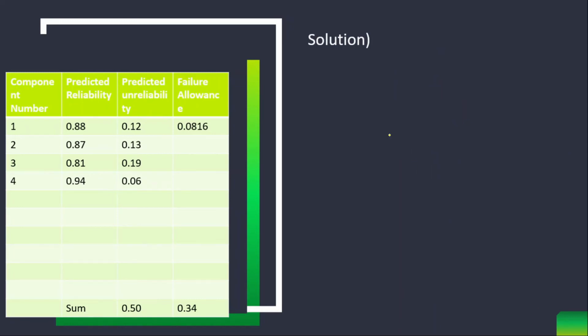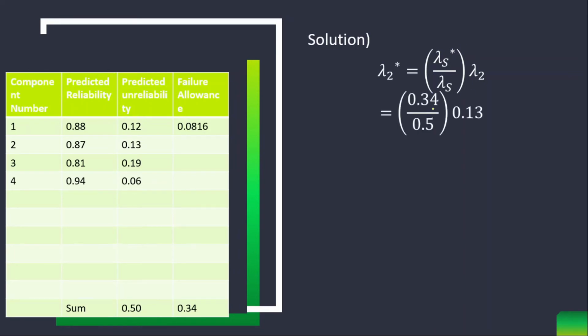Now for the second component, lambda 2 star is equal to lambda S star divided by lambda S into lambda 2. You can see that this bracket is the same, it is not changing. So that is equal to 0.34 divided by 0.5 into 0.13, which is 0.0884.